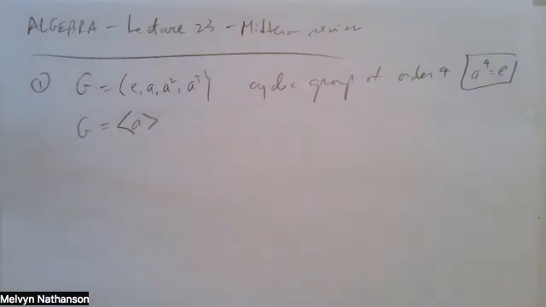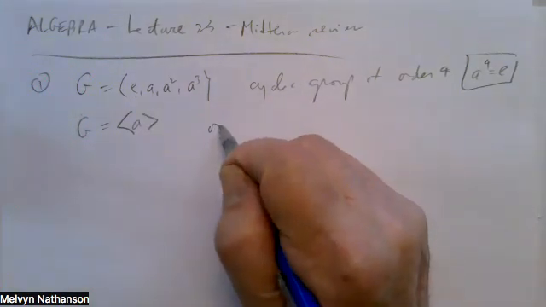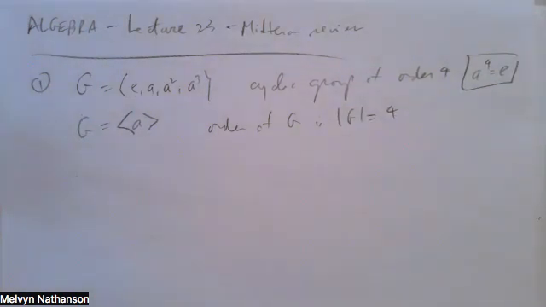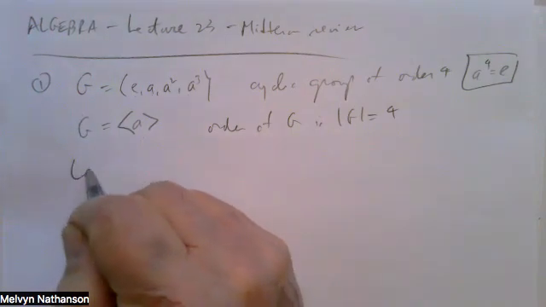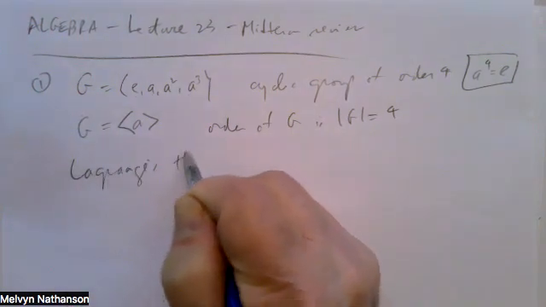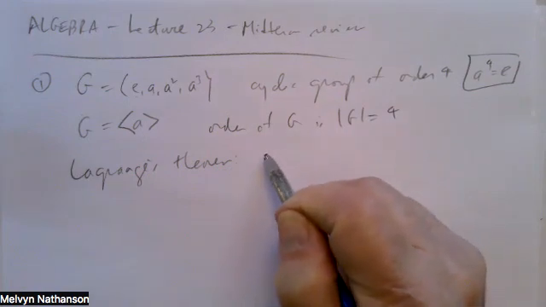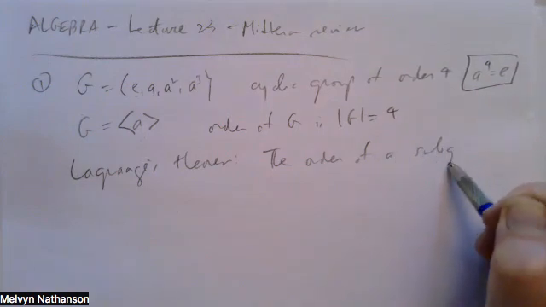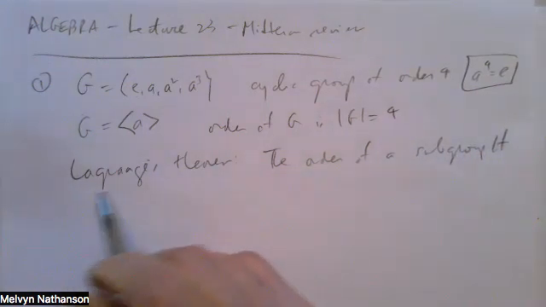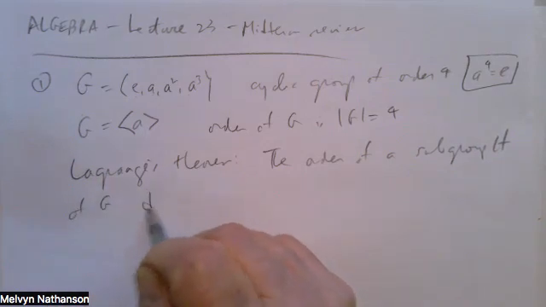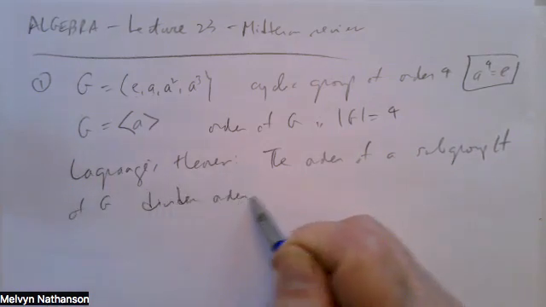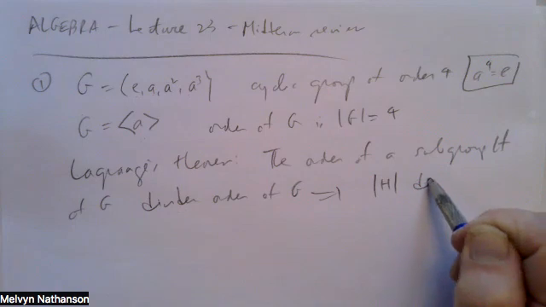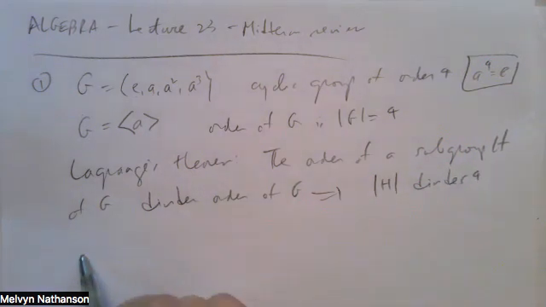And so the order of G is 4. And by Lagrange's theorem, the order of any subgroup H of G divides the order of G. So whatever the order of H is, H divides 4.